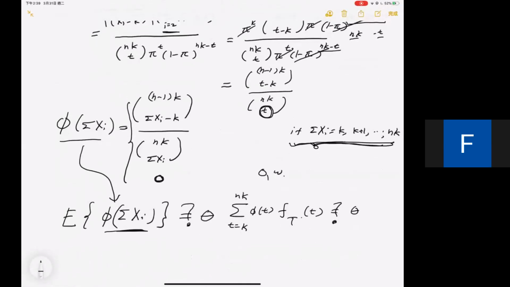Okay, so did I finish one? Do I have E? I do have E. Oh my God, I do ask about it. Okay, if I ask, let's do it then. Especially I said first, right? If I told you to try to show phi is an unbiased estimator, don't give me this.